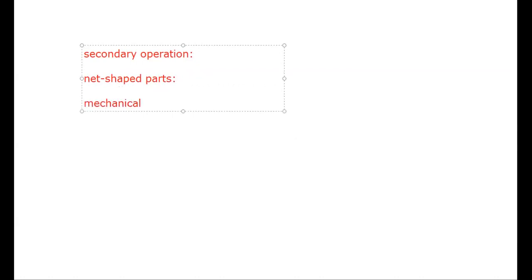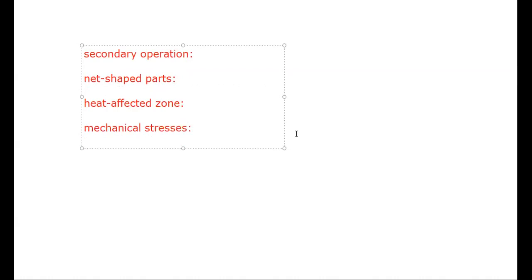In this case, I'm going to write here the vocabulary to work with: secondary operation, net shape parts, heat affected zone, mechanical stresses, narrow curve, and tightly nested.